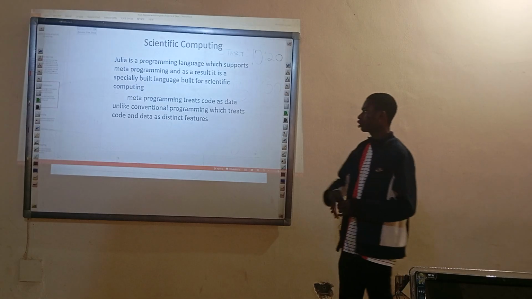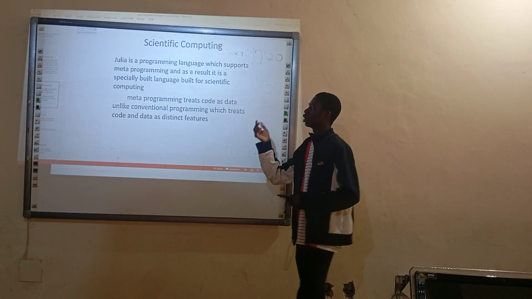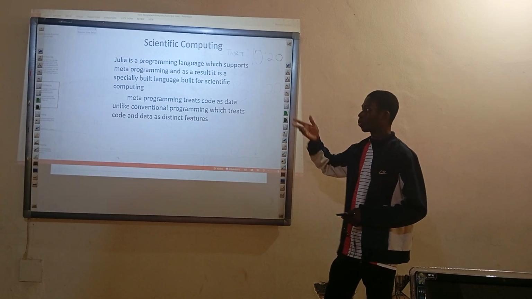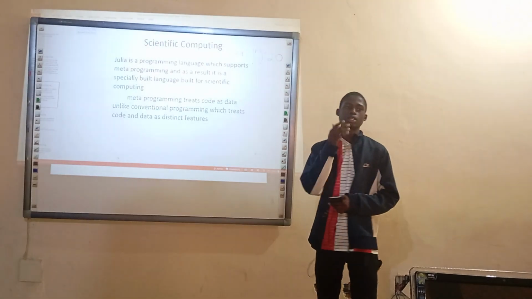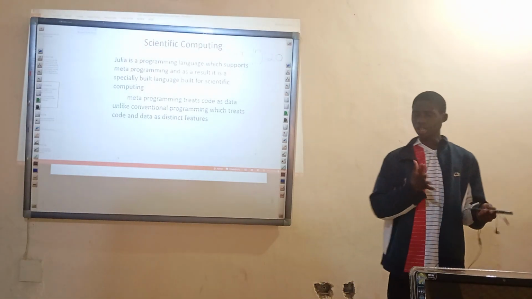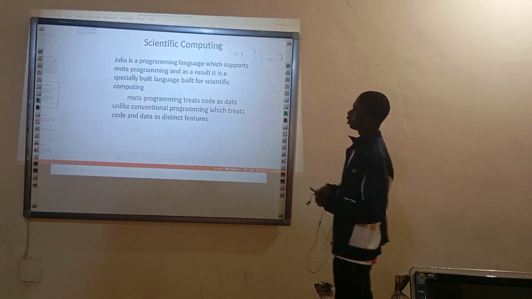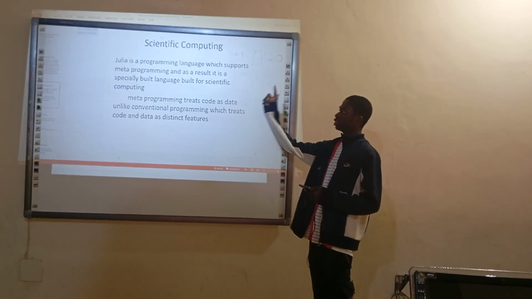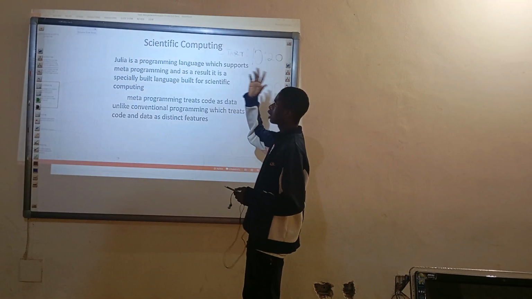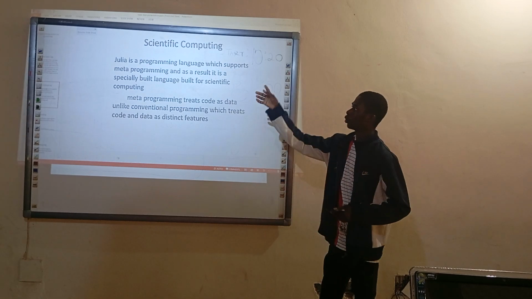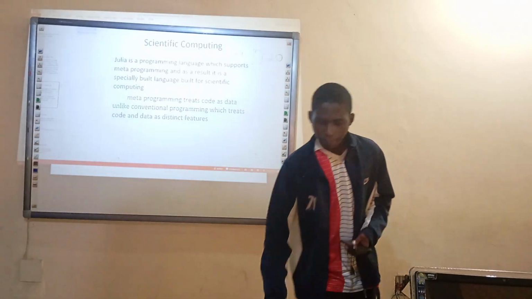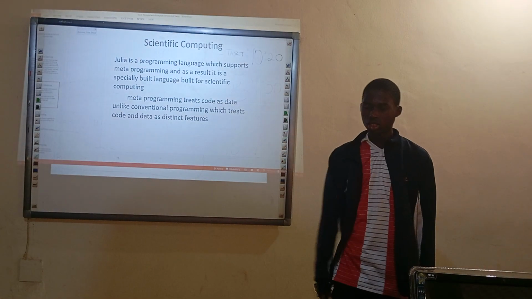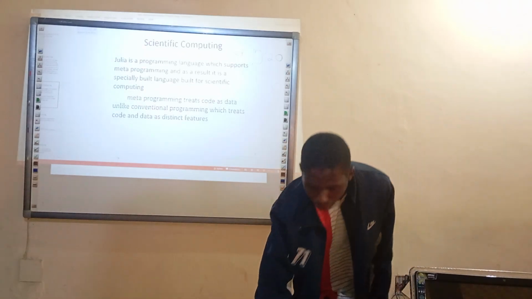Because conventional programming treats code and data as distinct features, it is not really suited to scientific computing, but metaprogramming, which treats code and data as the same thing, is. Julia supports this metaprogramming that we're talking about, so that is why it is especially used for scientific computing. Metaprogramming is a basic tool in scientific computing, and Julia is one paramount programming language that actually supports it. So that's why it's used in scientific computing.